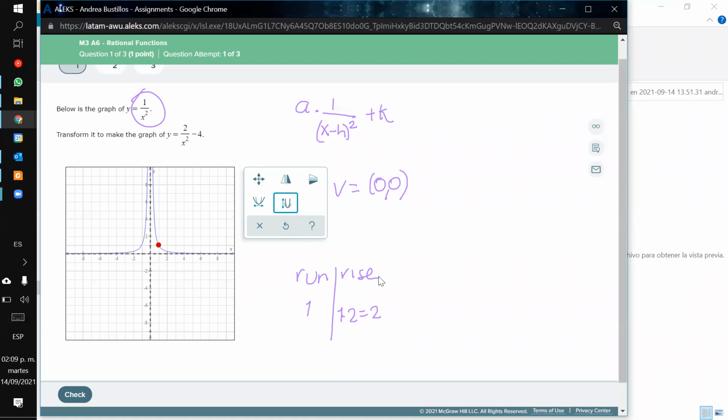But if you multiply your rise times that leading coefficient, you're going to be rising 2 instead. So if you run 1 to the right, you're going to rise 2 up.